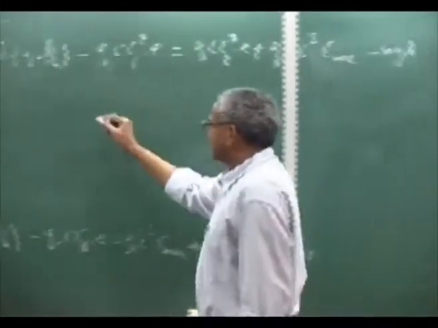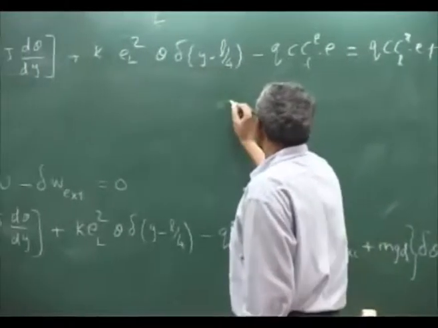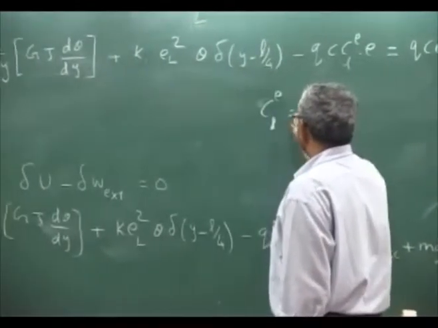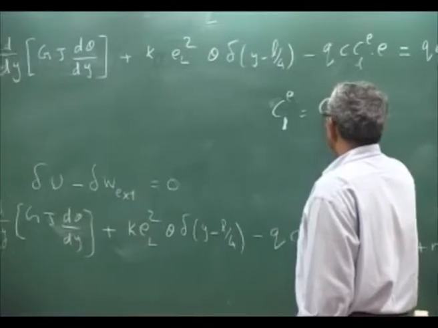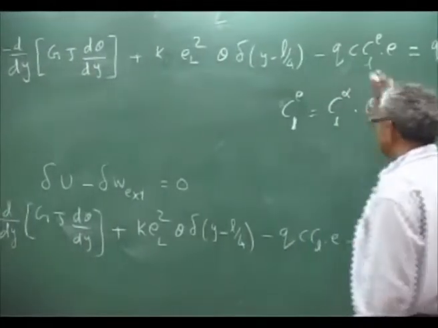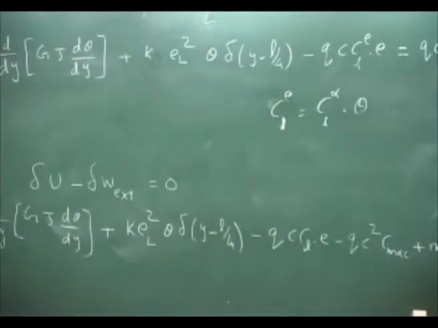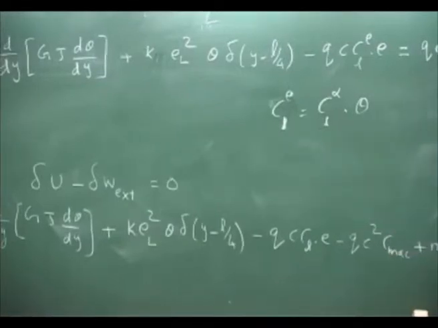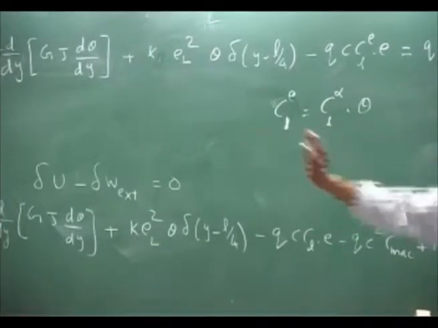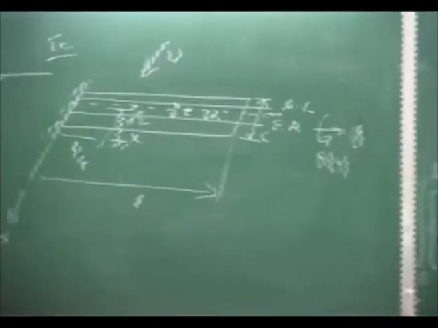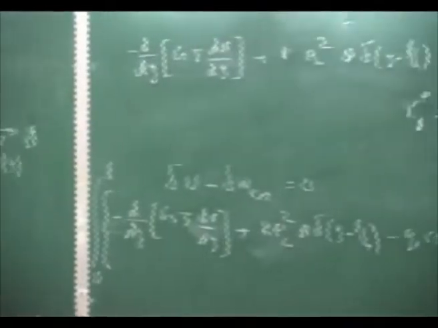Now you can write C_L elastic as C_L alpha into theta, because for us that is the only deformation, there is no bending, this is a straight wing. You can substitute here, this part stays as it is.